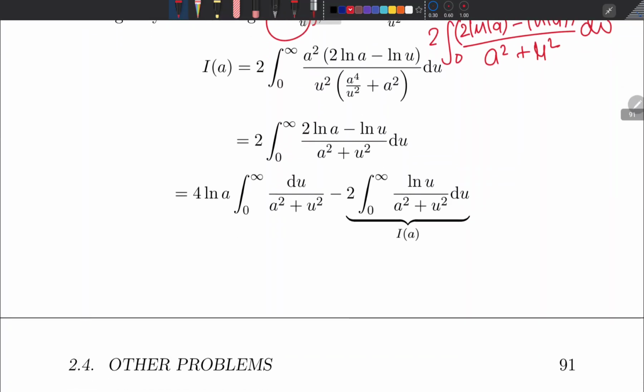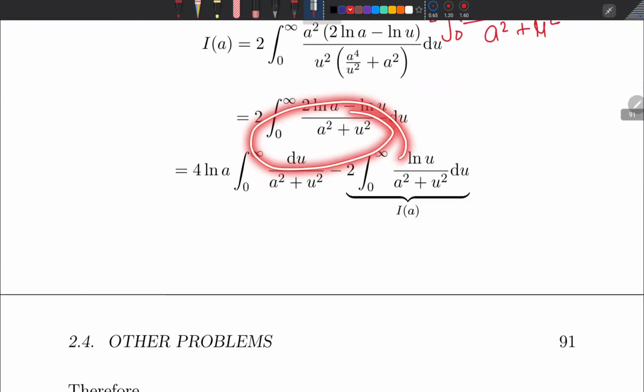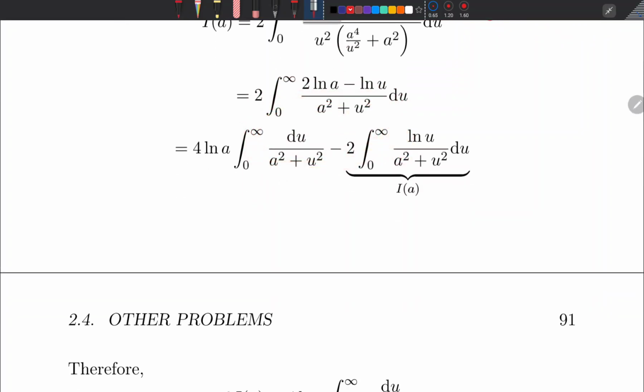Yeah, so here it is actually. Now we just have to split the integral, and this is your general integral, which is going to be 1 over a arctangent of u over a from 0 to infinity.